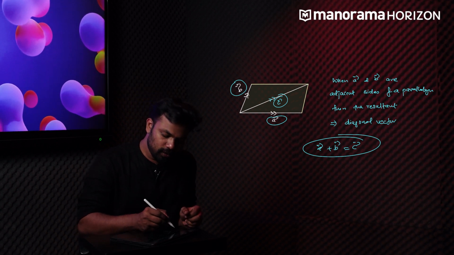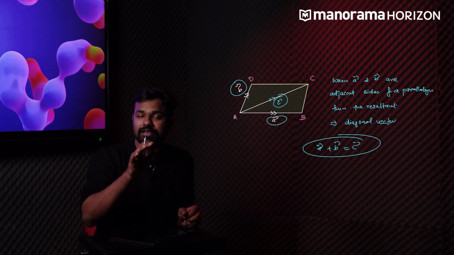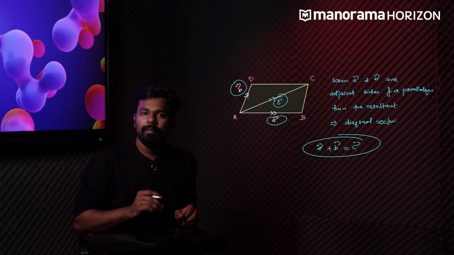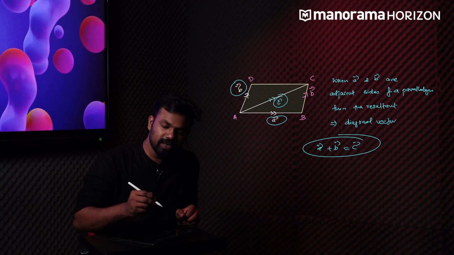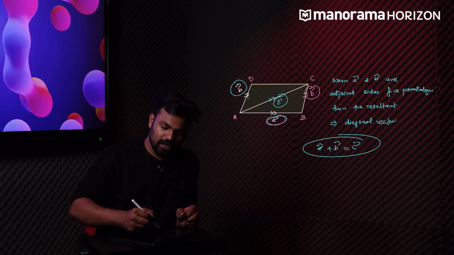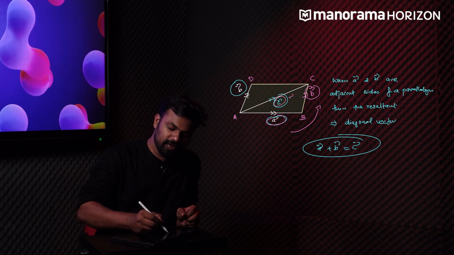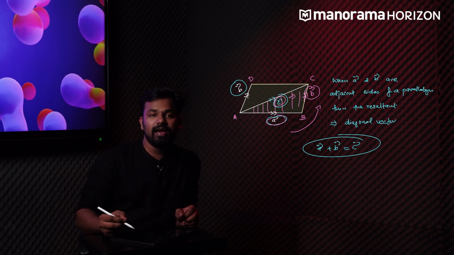Now how to prove this, or if somebody asks you how am I getting this? We know that the opposite sides of a parallelogram are equal. So if I take this as B, is this also going to be vector B? Yes, that is also B. Now, are B and A traveling in the same direction like this? Yes. Is C coming from the opposite direction? Yes. Now is a triangle formed there?